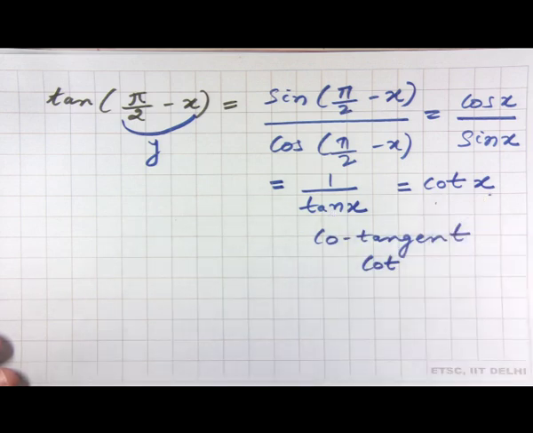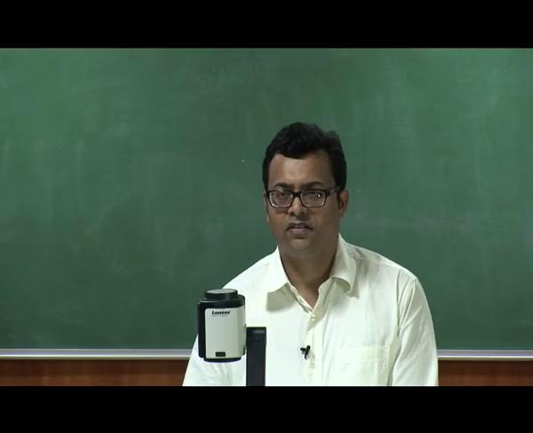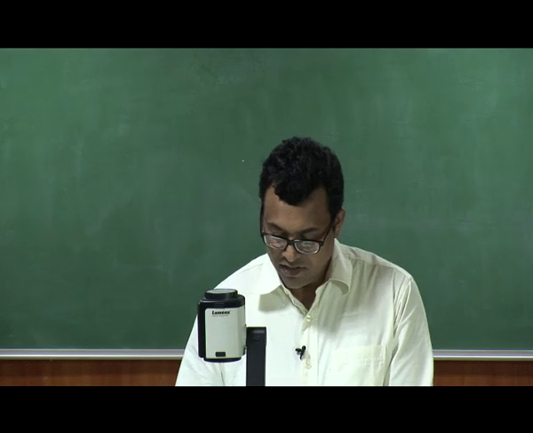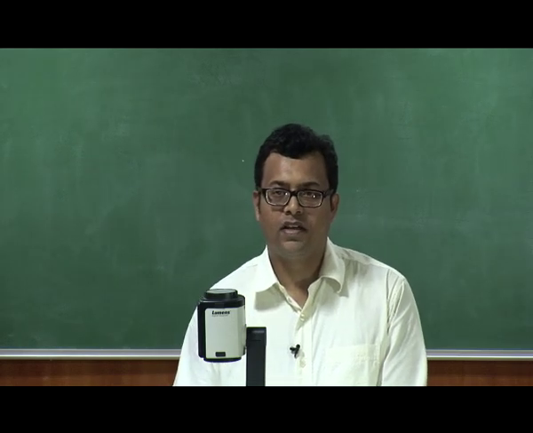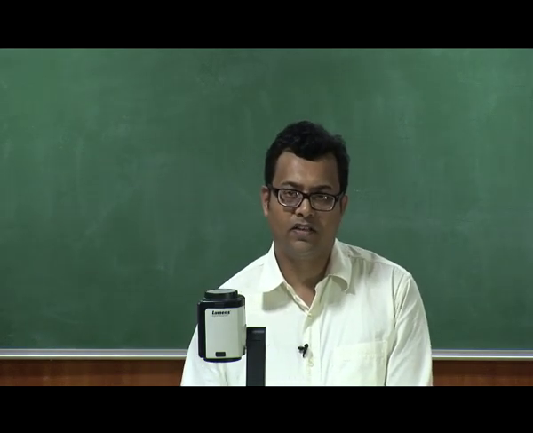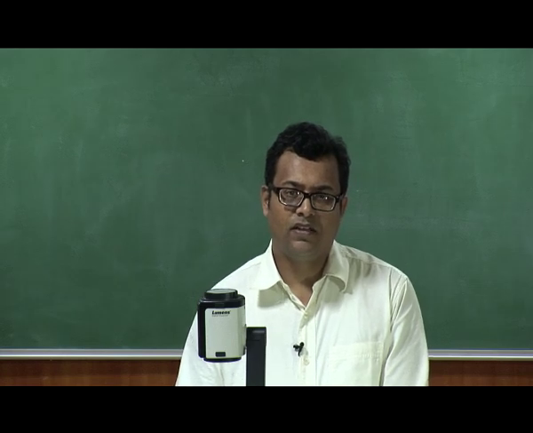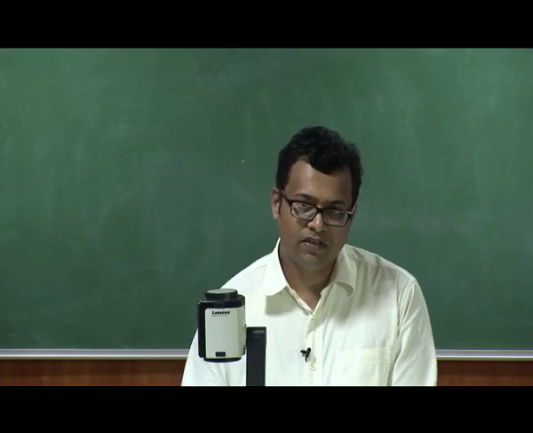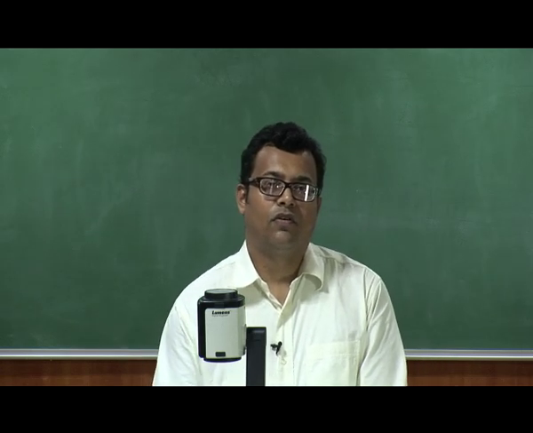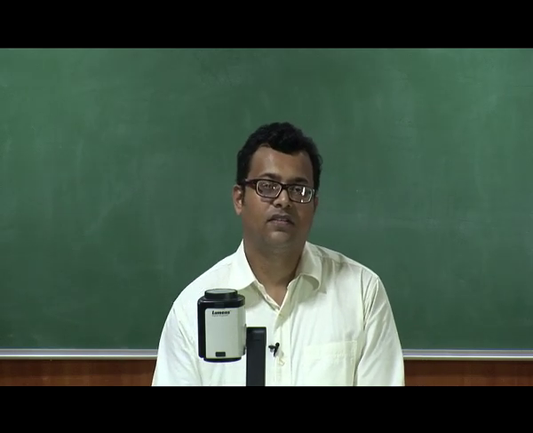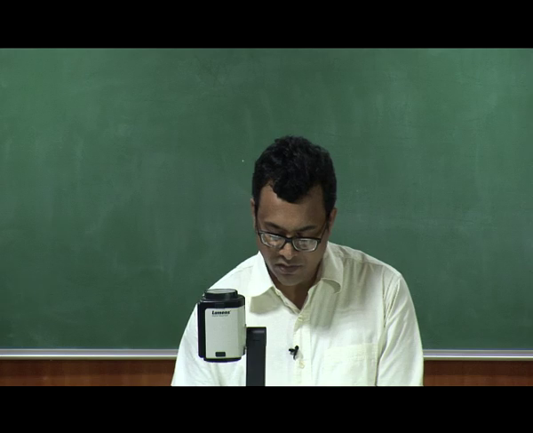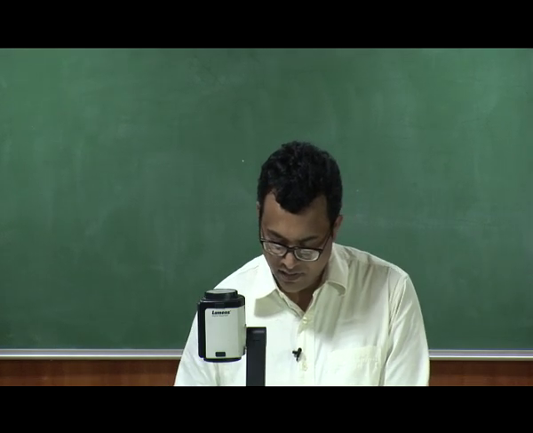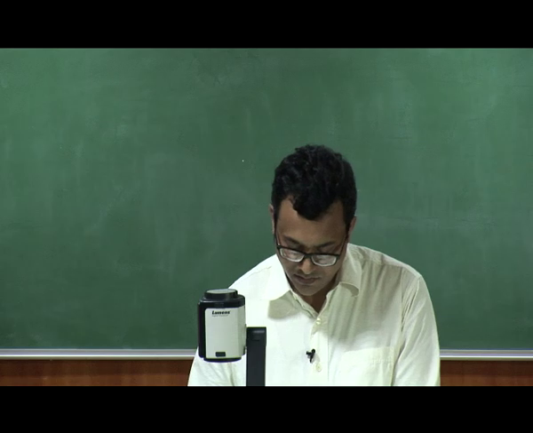And here in this class, in the third lecture today, we started with the expressions for cos of x plus y and cos of x minus y, and we derived many different formulas for cos 2x, cos 3x, sin 2x, sin 3x, and we also discussed the tangent function.